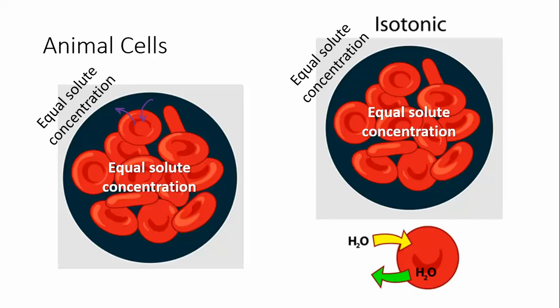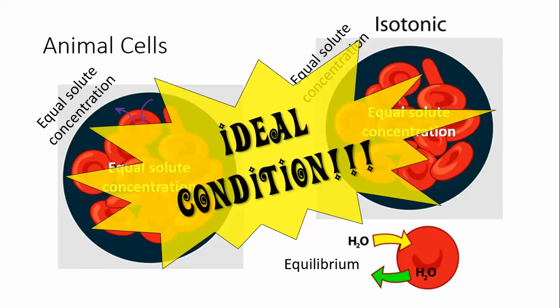So you'll have equilibrium, and that is actually the ideal condition for animal cells. So you expend energy to maintain homeostasis and keep the solution outside of your cells isotonic to your intracellular fluid or your cytoplasm concentration, cytosol, etc.